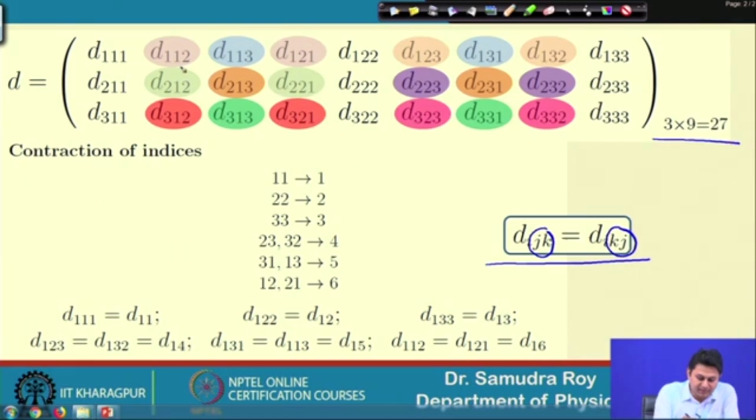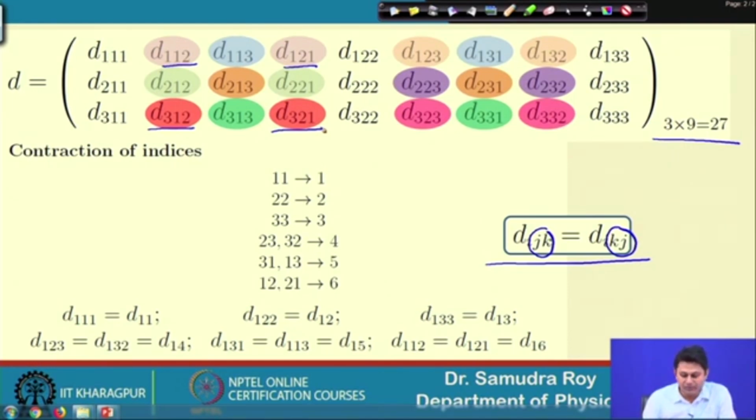Here d_112 and d_121 are the same, and it is indicated by the same color. In a similar way, d_312 for example and d_321 have the same value. That is why they are indicated with the same color.